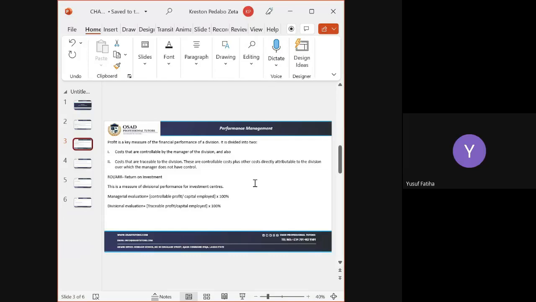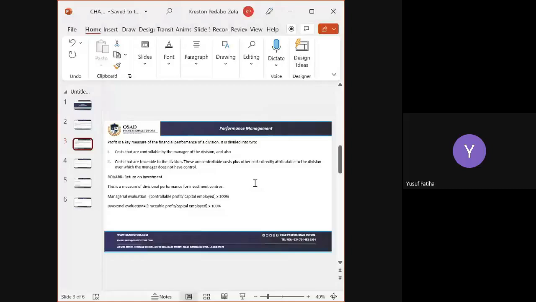But if we want to check how a division is performing, that is, the whole department, in this way we've allocated a particular percentage of uncontrollable profits to it. The profits that are not controllable by the manager, we've added to the controllable profit.